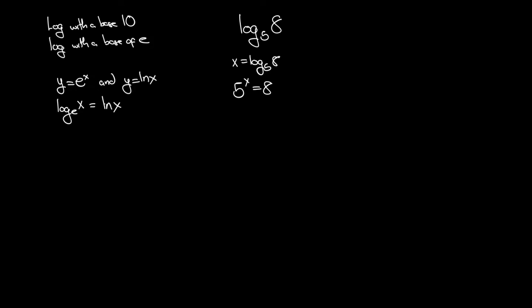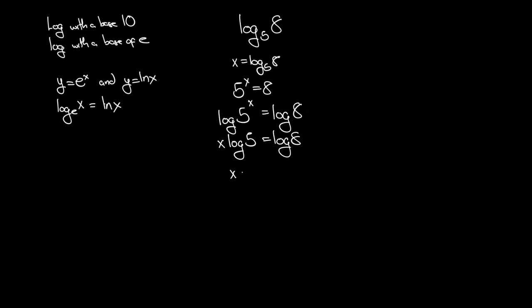Taking the log base 10 on both sides, we end up with the log base 10 of 5 to the x equal to the log base 10 of 8. We already know these rules. That's x times log 5, and that's equal to log 8.